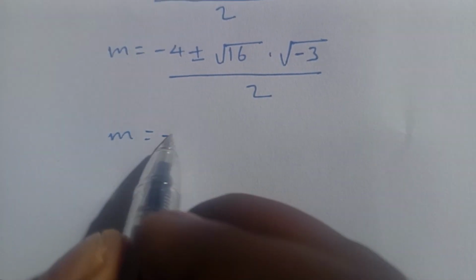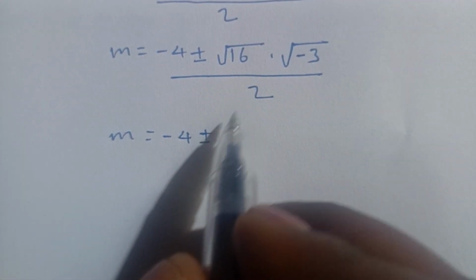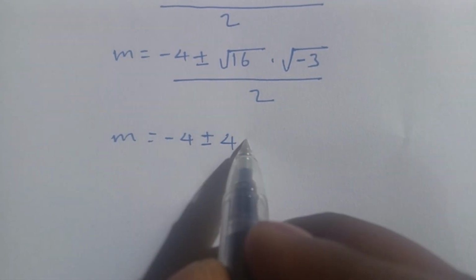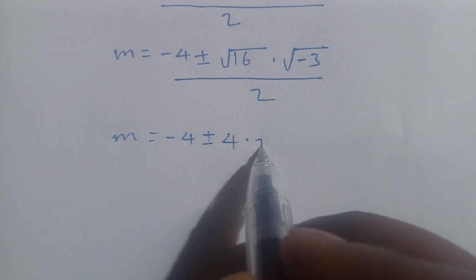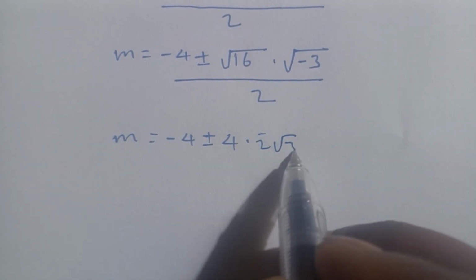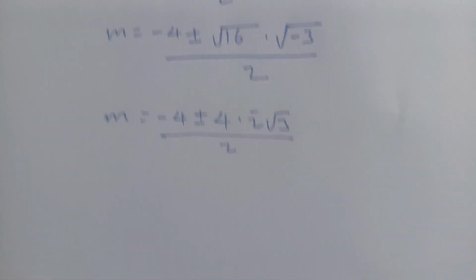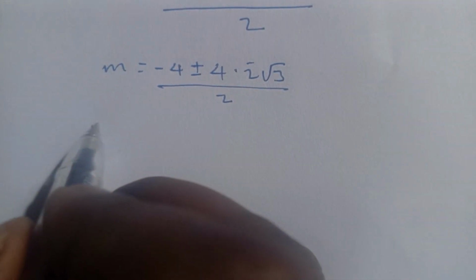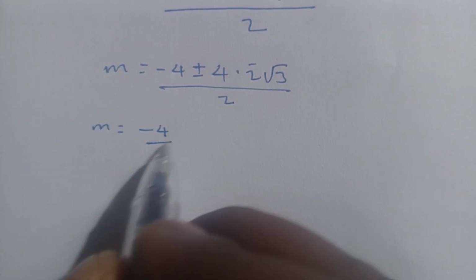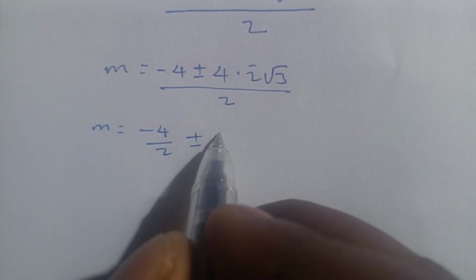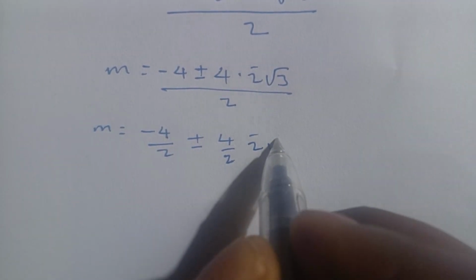M equals minus 4 plus or minus the square root of 16 times minus 3, that is 4i root 3, over 2. M equals minus 4 over 2 plus or minus 4 over 2 i root 3.